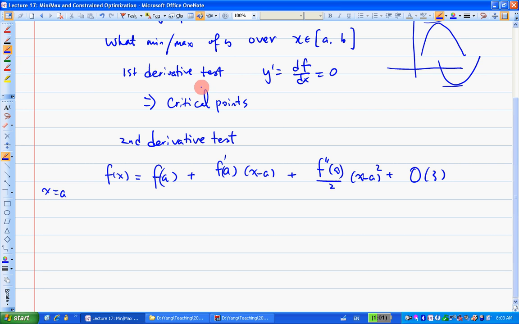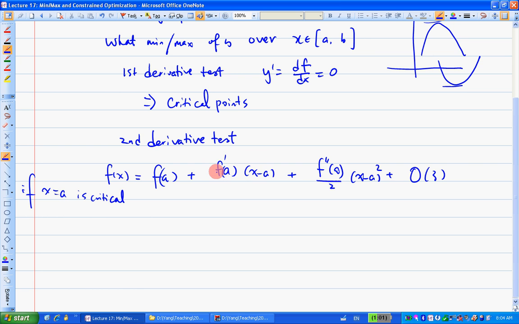So when you do the first derivative test and set it equal to 0, if x equal to a is a critical point, and sometimes we also call that a stationary point, then this term is gone, right?